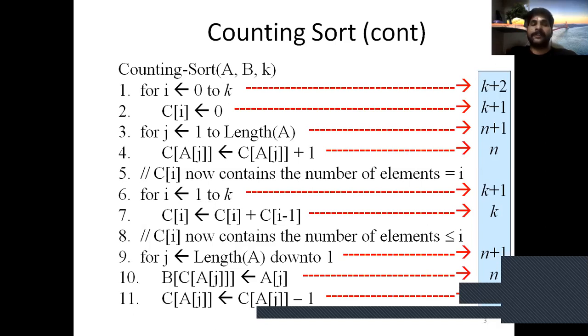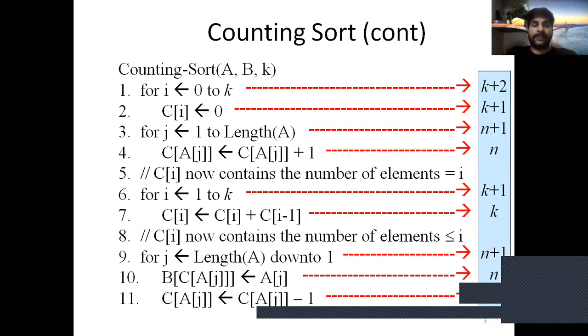Therefore, the time complexity of step 7 equals k. In the ninth step of the pseudocode, j goes from length of array down to 1, decremented by 1 in each step, and B[C[A[j]]] equals A[j].